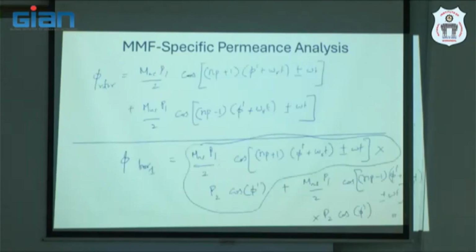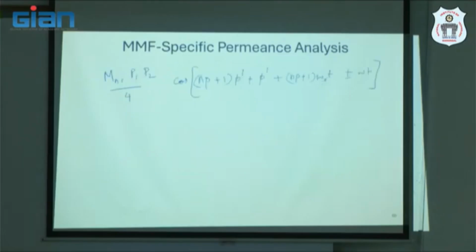Do you agree? Multiplying this term, (np plus 1) phi dash plus phi dash, and (np plus 1) omega t plus or minus omega t. So this is cos of A plus B by 2, plus I will have minus P1 P2 by 4 cos of A minus B: (np plus 1) phi dash minus phi dash plus (np plus 1) omega t plus or minus omega t.